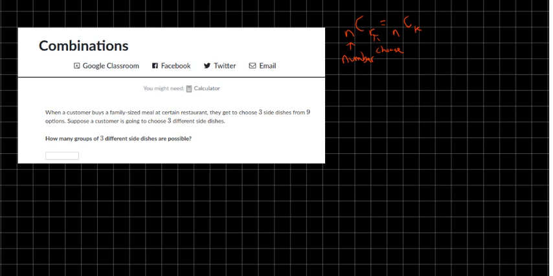And normally we'll read this as n choose r or n choose k. Okay, and we have to remember that n choose r is equal to n factorial over r factorial times (n minus r) factorial.